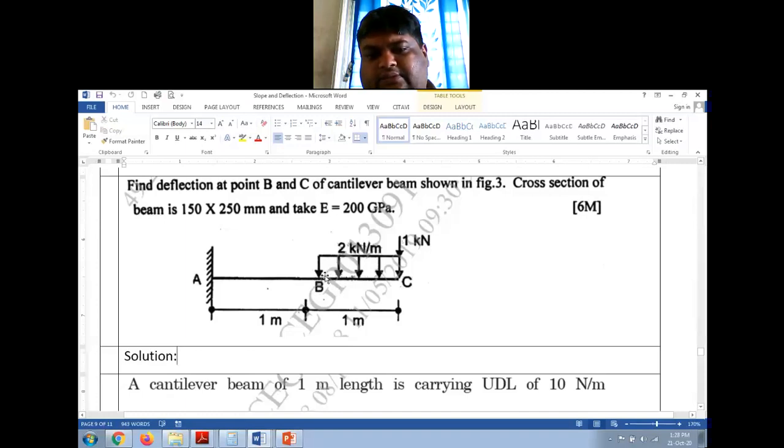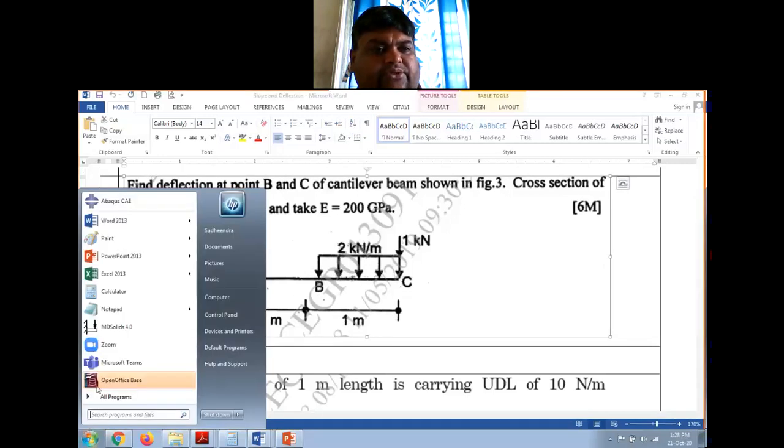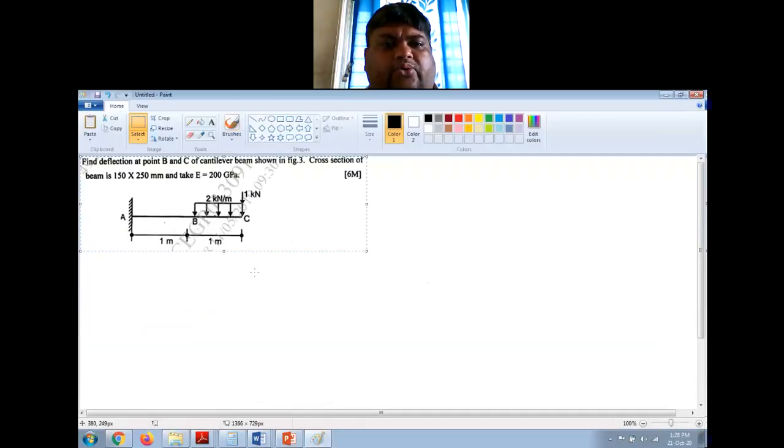Though this is starting from this point, for us to make things very easy, and for you to understand how to handle the UDLs, we will try to do it here also. So I'll just copy this sketch here, and we'll do the modification to this.